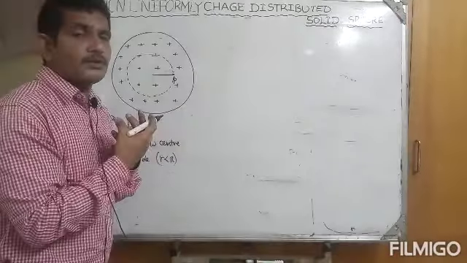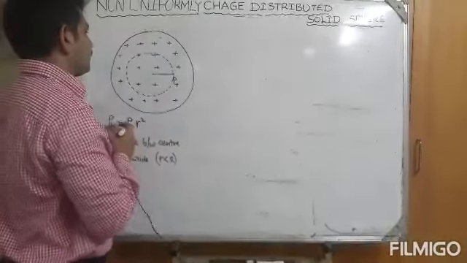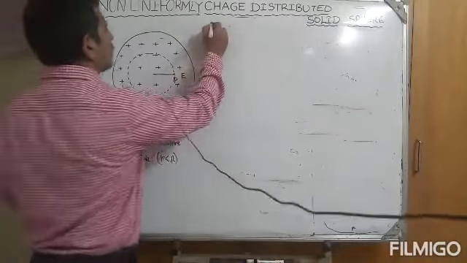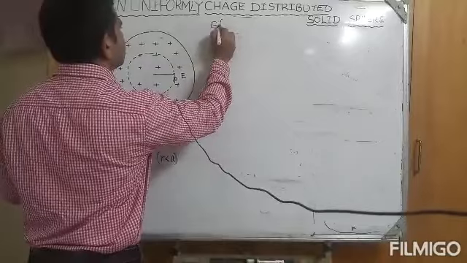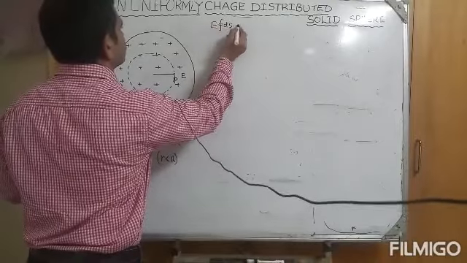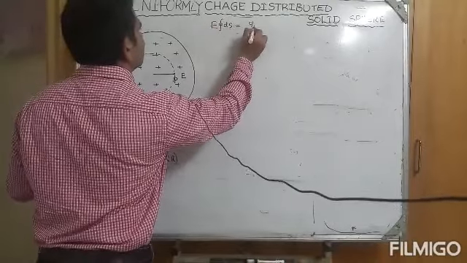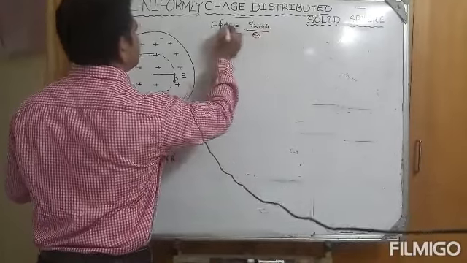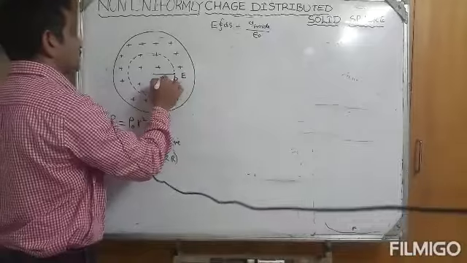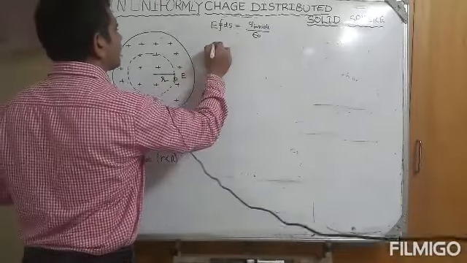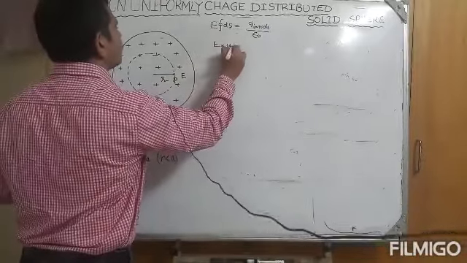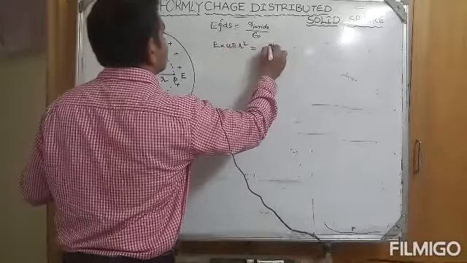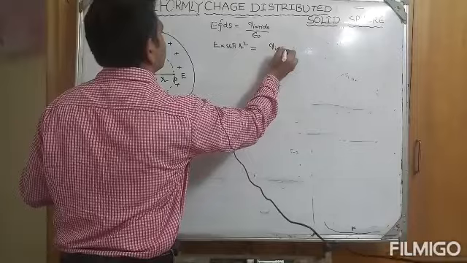The charge is not uniform, so to find the electric field intensity you can apply Gauss law. Integral of E dot ds is equal to q inside by epsilon naught. This surface is a uniform spherical surface, and since the radius is r, you can take E into 4 pi r square. The charge inside is the problem.